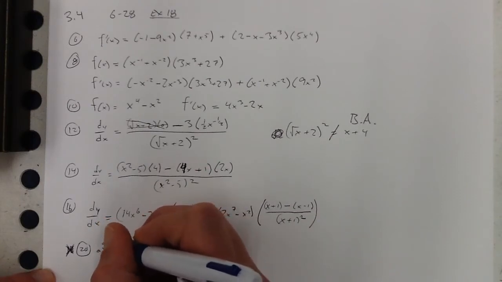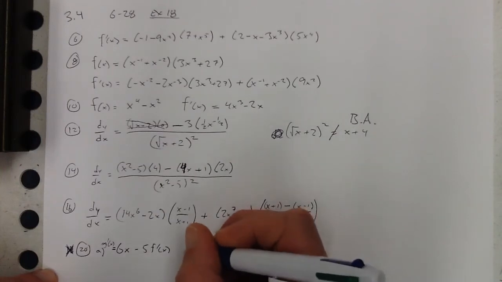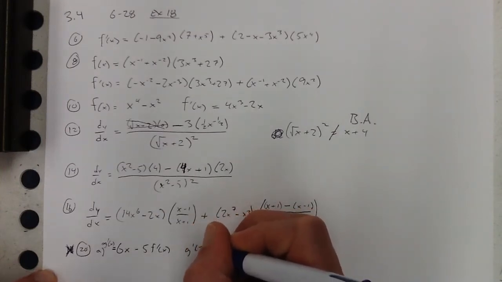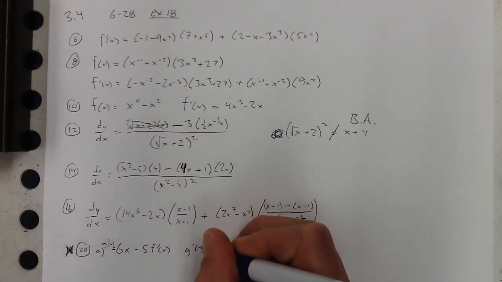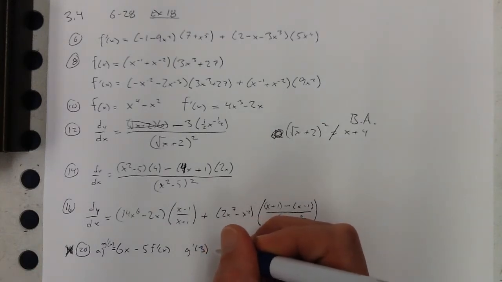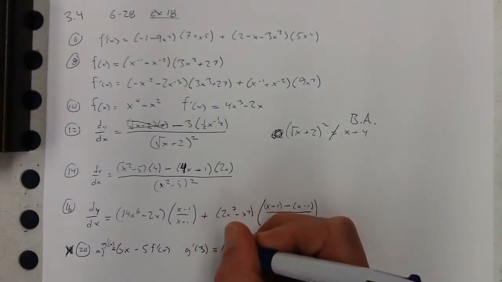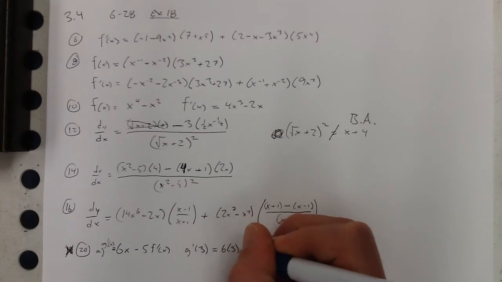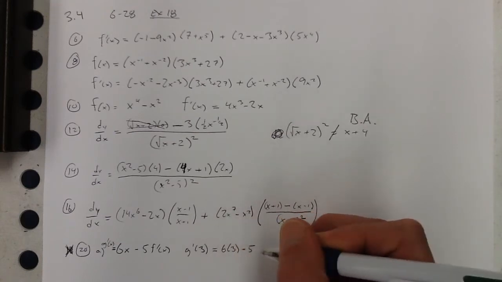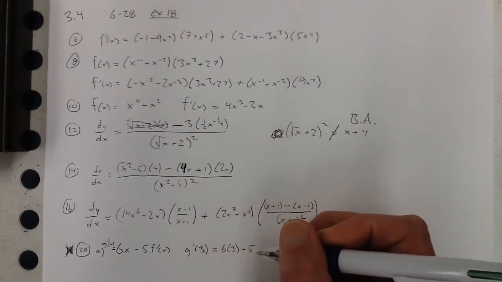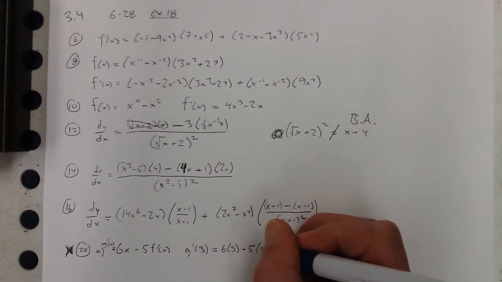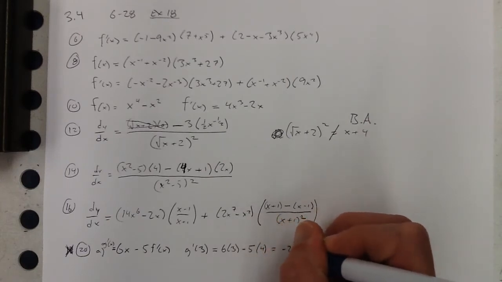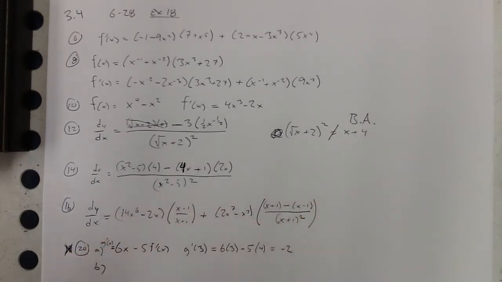It's the rest of my mathematical sentence there. g prime of 3 is equal to 6 times 3 minus 5 times f prime of 3 is 4. And that looks like it's going to be a big old negative 2. That's 20A.